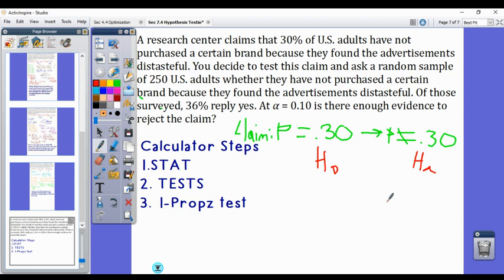All right, so let's do our check. We have 250 adults. Okay, so if P is 0.30, that means Q is 0.70. So let's do our check. 0.3 times 250 is going to give me 75.